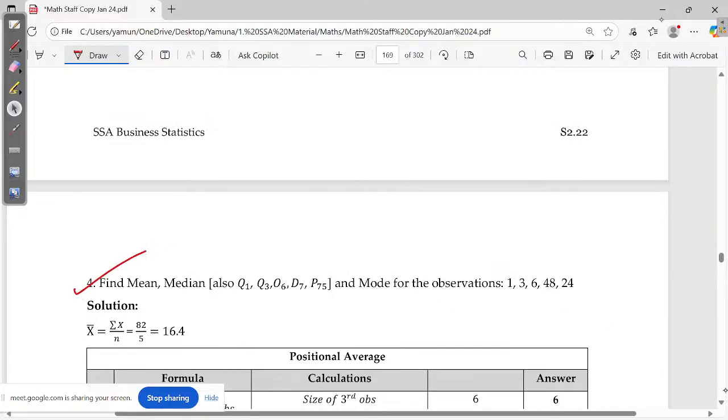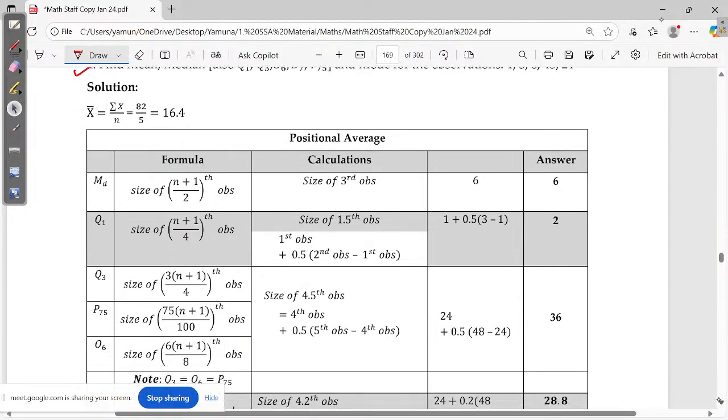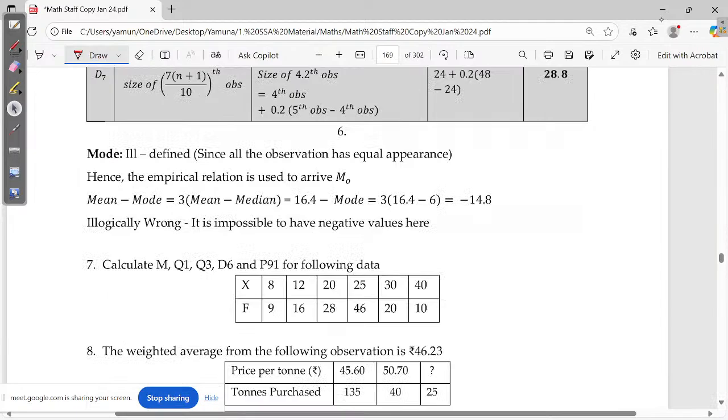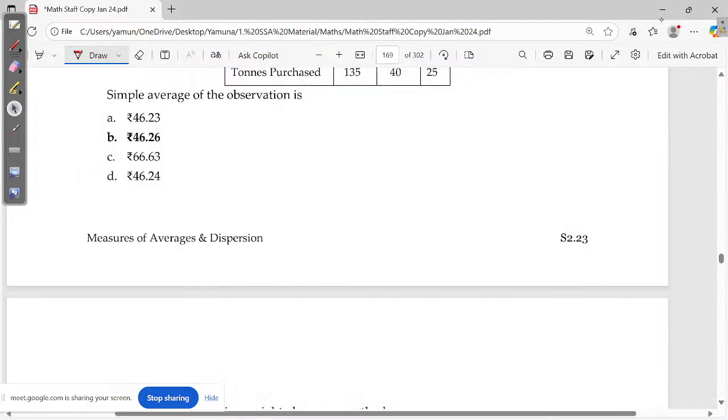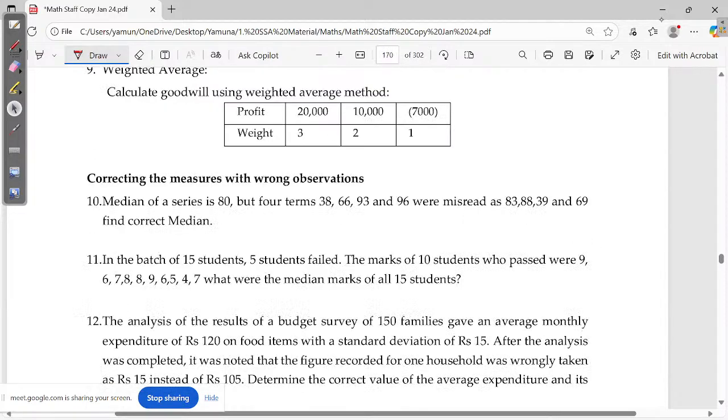We worked it out in detail. Seven, eight, this one also you can try. In the next class, I will work out these three. 10, 11, and 12, I request you to try. Anyway, I'll work them out.